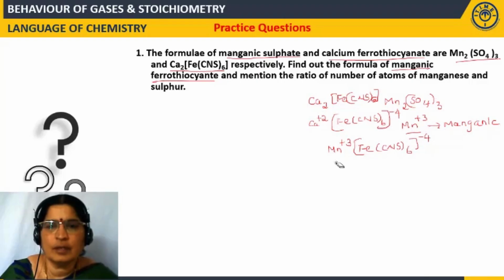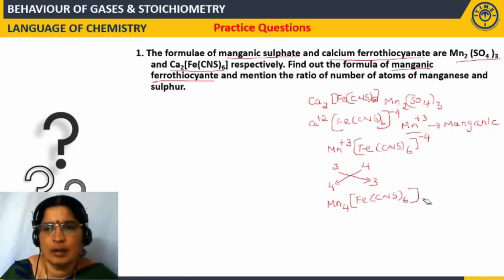So if we crisscross it, it becomes 4 and 3. So we write the formula as Mn4[Fe(CNS)6]3. Because here 3 is the subscript.